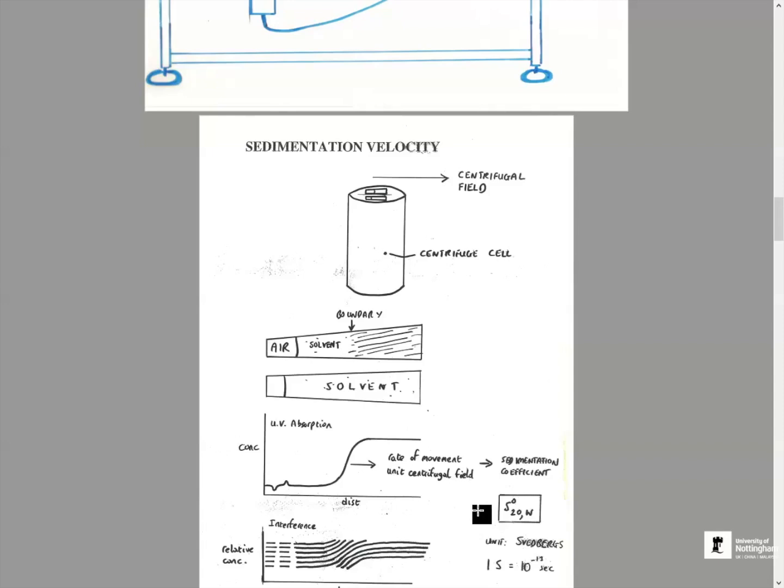Whenever we measure a sedimentation coefficient from this technique, it's quite usual, so we can compare different sedimentation coefficients for different macromolecules, to standardize or normalize to the viscosity and density of water at 20 degrees centigrade.